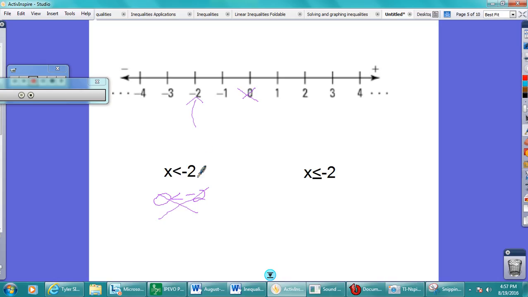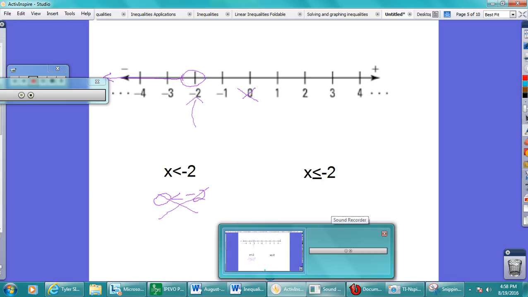I have a less than sign, so that means open hole. If I plug in negative 3, negative 4, negative 5, and so on, that will make this statement true. So I can draw my arrow to the left. I just graphed x is less than negative 2.